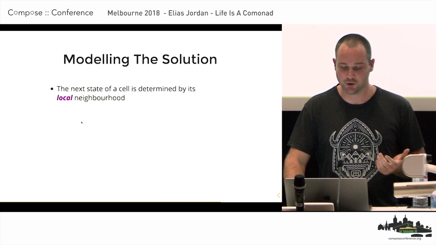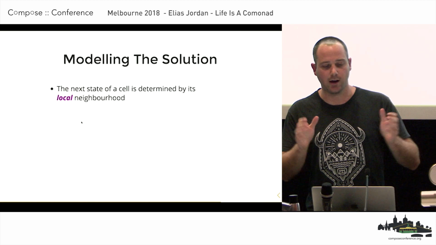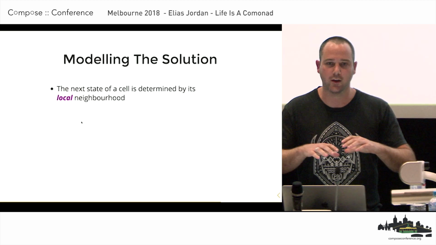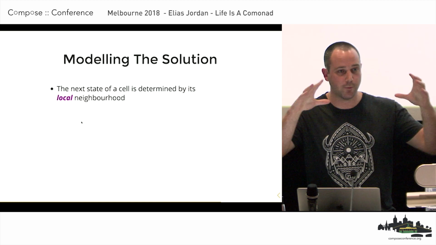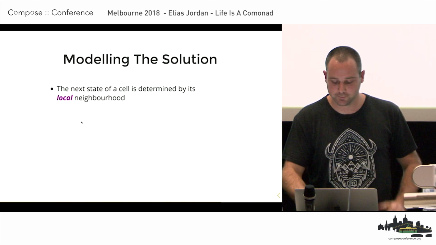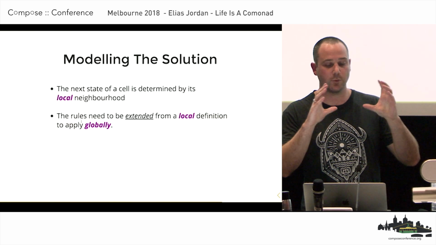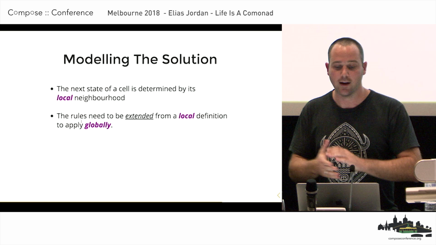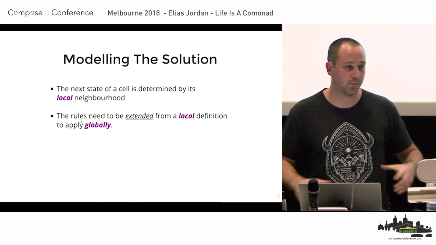So modeling our solution. The next state of an individual cell is controlled by the liveness of its neighbors. So it's sort of controlled or determined by its local neighborhood. And each of the rules need to be applied at every cell, and then extended from a local definition at that cell to apply to all cells.